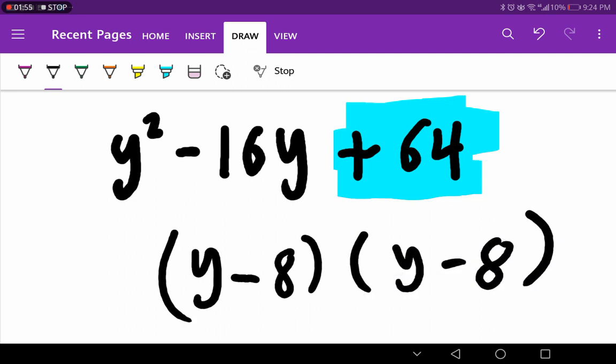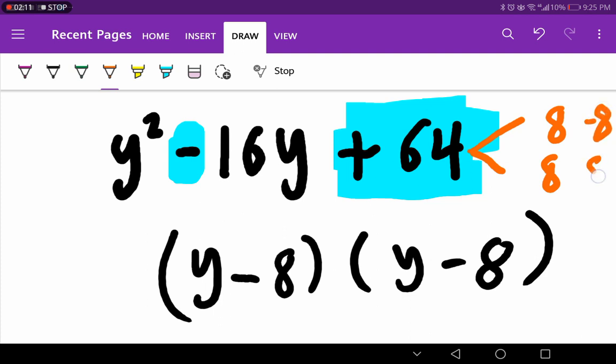You will ask me why negative? Because the middle term is negative. I know this is a perfect square coming from 8 multiply 8 or negative 8 multiplied by negative 8. Are you happy with that?